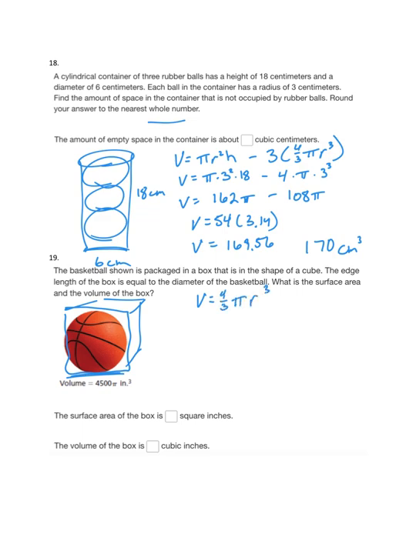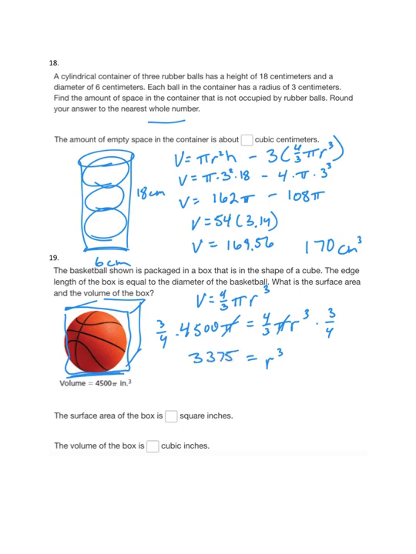We're given a volume of 4,500 pi, and that's equal to 4/3 pi r cubed. We'll divide both sides by pi, multiply both sides by 3/4, and we get r cubed is, let's see, 4,500 times 3/4 is 3,375.